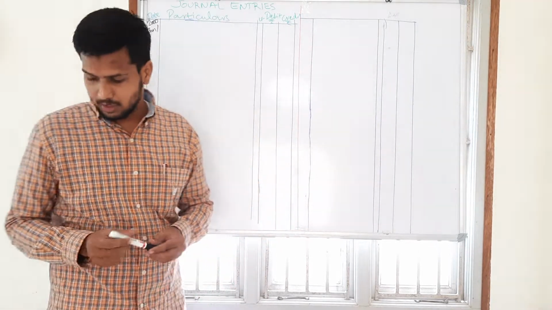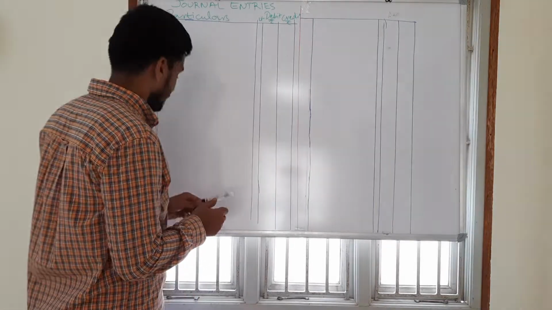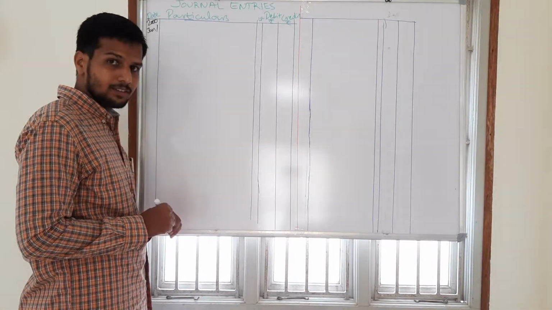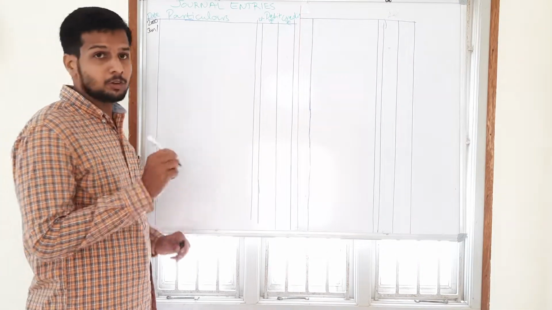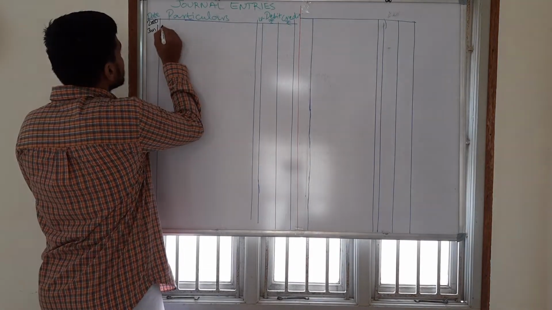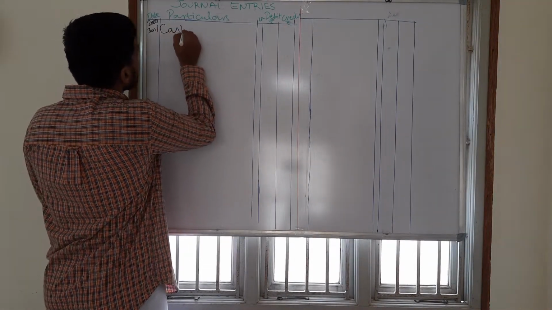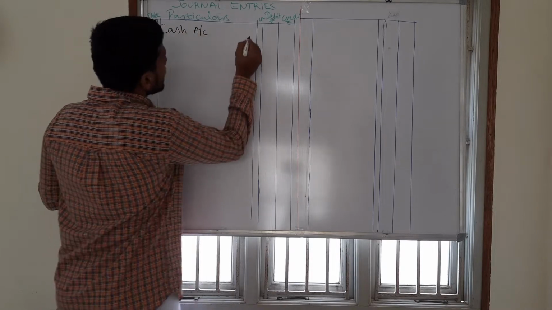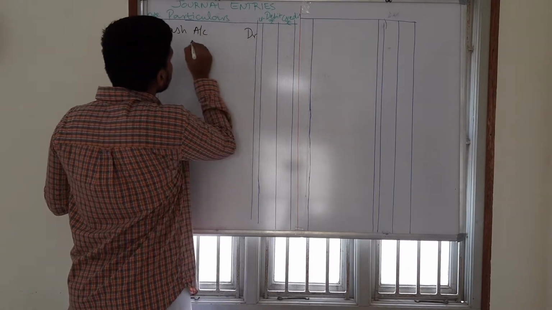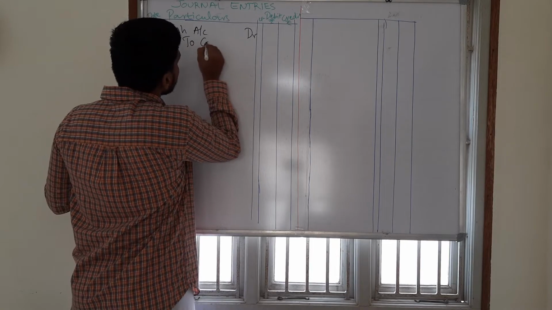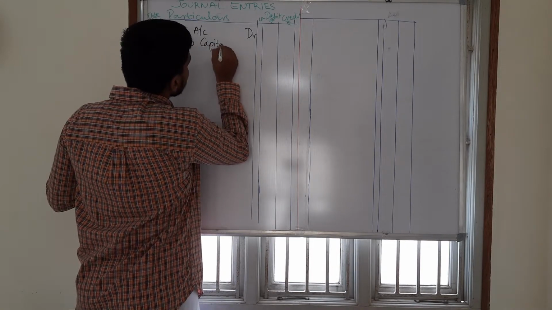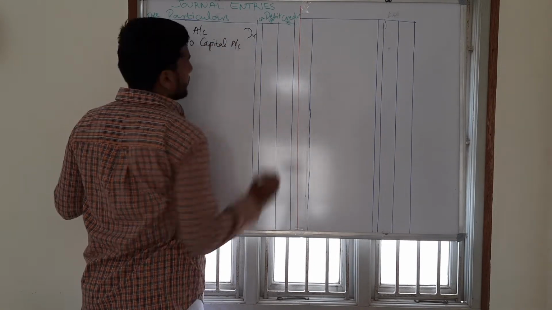So the journal entry for the first transaction, that is the business started with the cash rupees 2,50,000, is: Cash account debit to capital account.